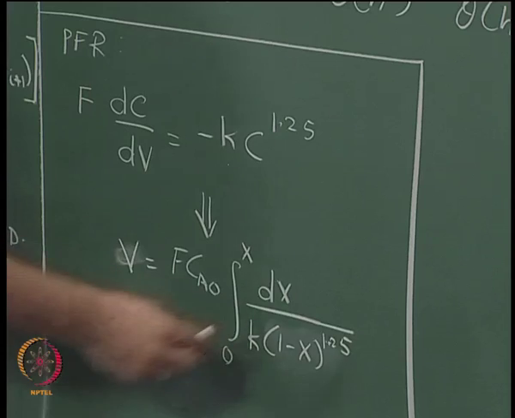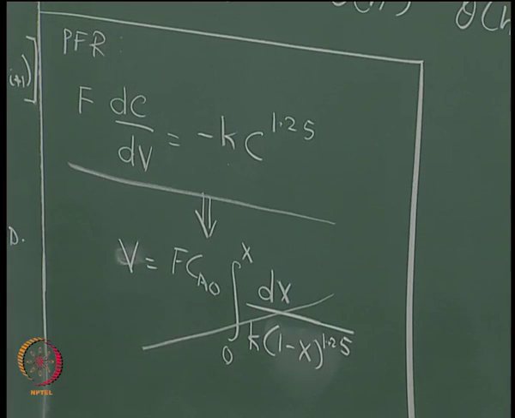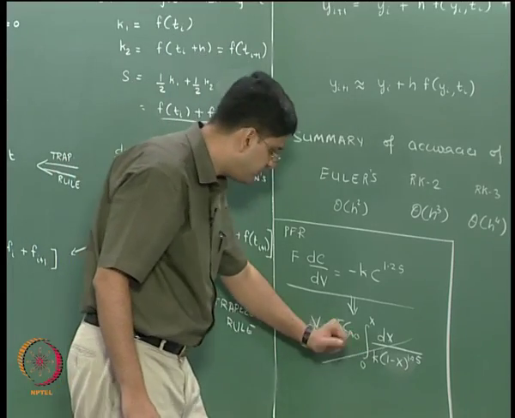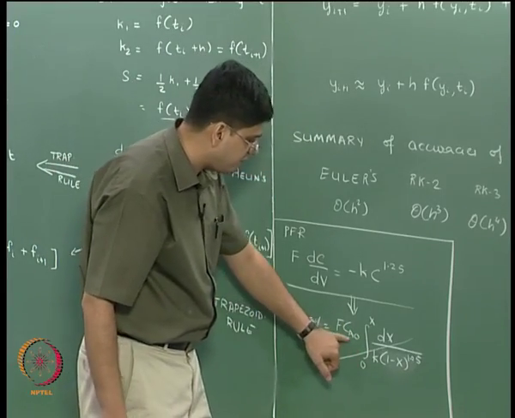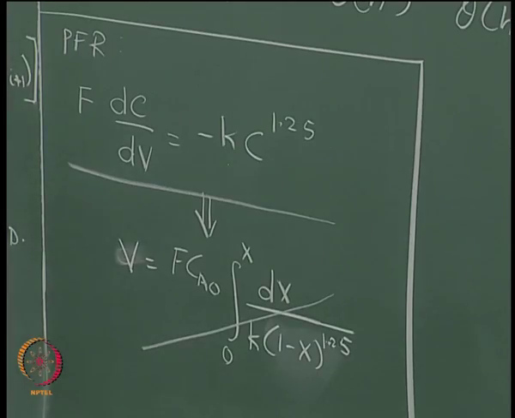Okay. So instead of solving this particular problem, we are actually going to be interested in solving this particular problem. And if you recall, in the previous module, the value of F Ca0 divided by k, we had taken that equal to 2.